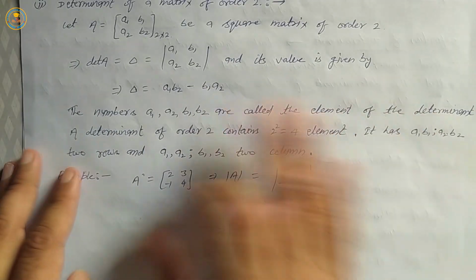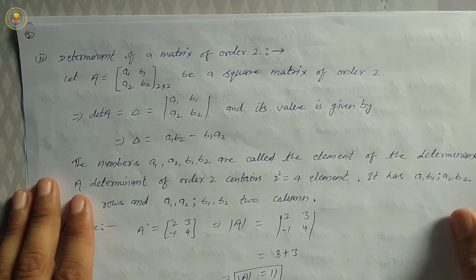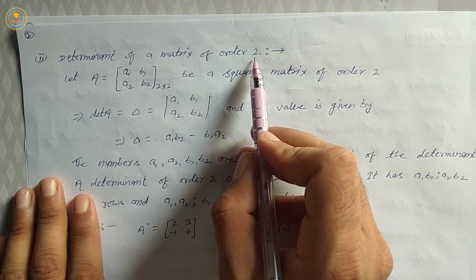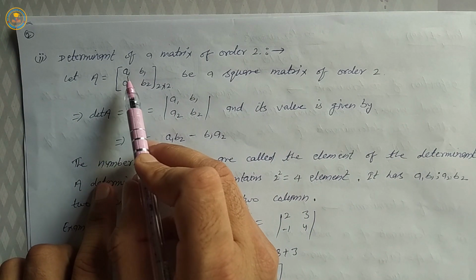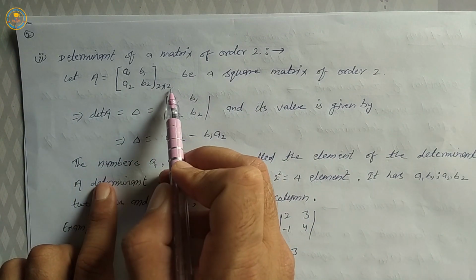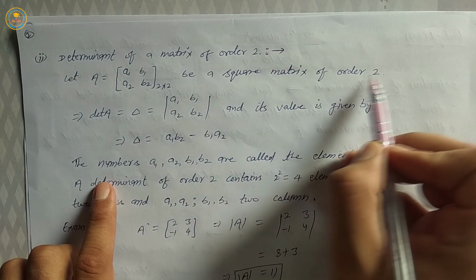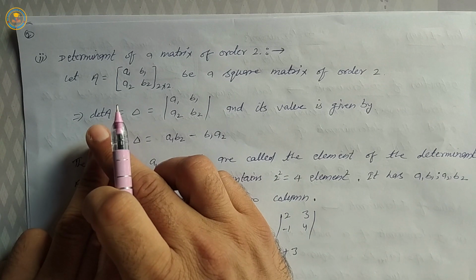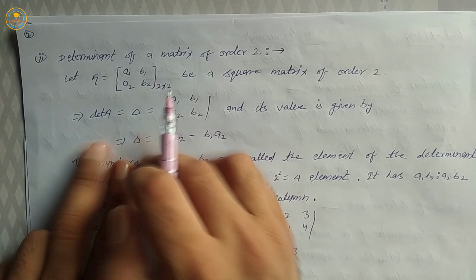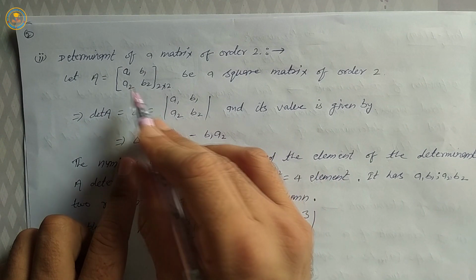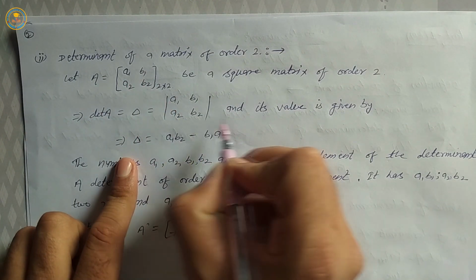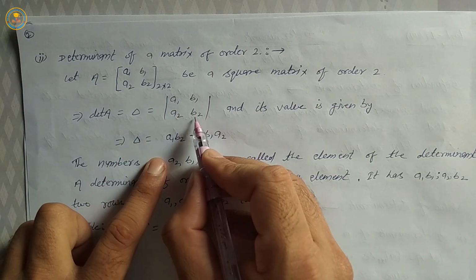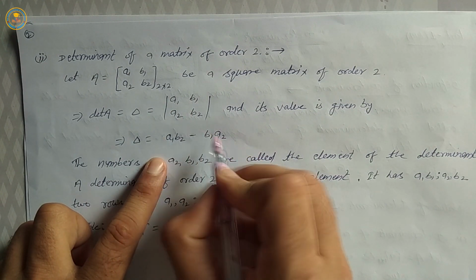Second part, determinant of a matrix of order 2. Let A equal a1, b1, a2, b2, 2 by 2, be a square matrix of order 2. Det of A is equal to delta, the determinant of a1, b1, a2, b2, and its value is given by delta equals a1 b2 minus b1 a2.